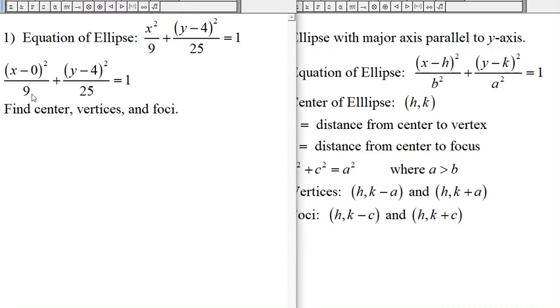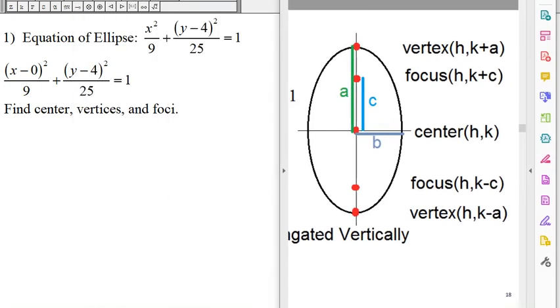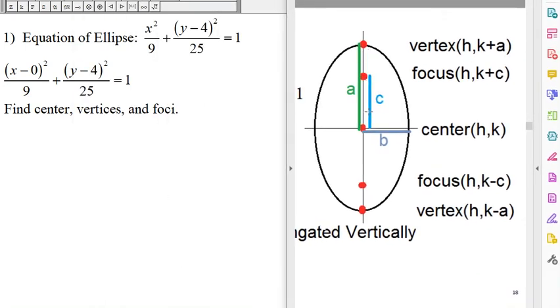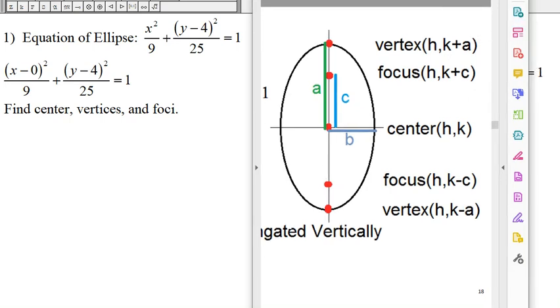So 25 is larger than 9, and 25 is under the y minus k squared. Since the larger number is under the y minus k squared, the ellipse will be this type, where the major axis is parallel to the y-axis. And so that's how we know if it's major axis parallel to the y-axis or major axis parallel to the x-axis.